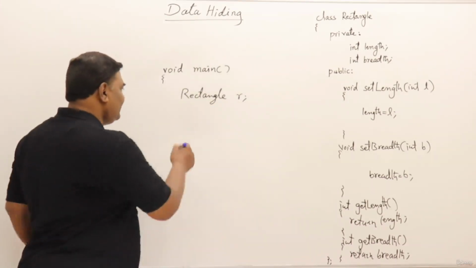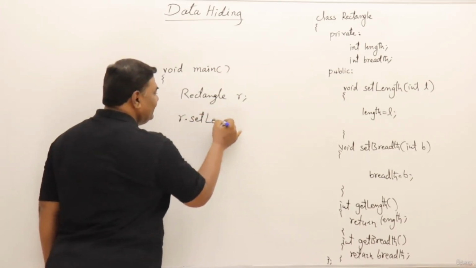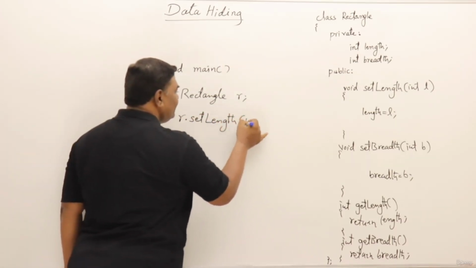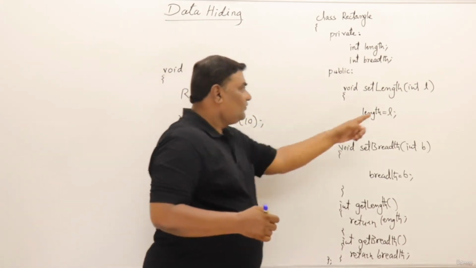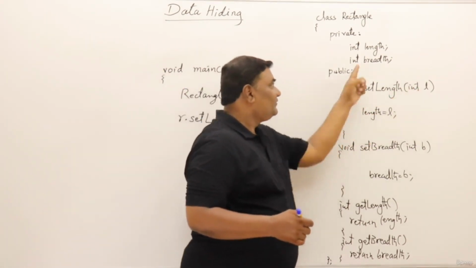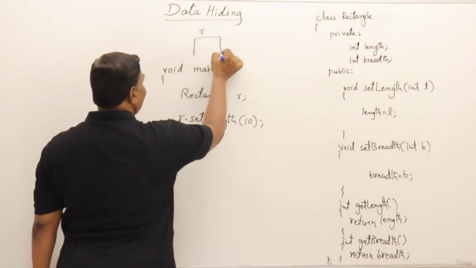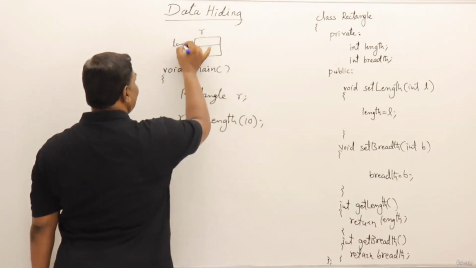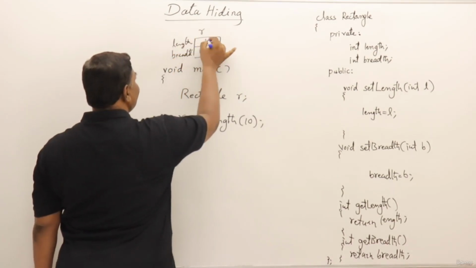Now I want to set the length. Say r dot setLength. Yeah, this is good. I am calling a function for setting the length. So this value 10 goes into L and that is set into length. If I see this object r, it has length and breadth, right? So the value 10 is stored here.